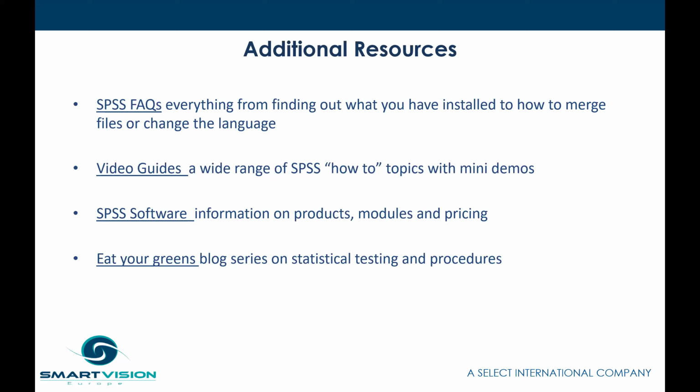A bunch of video guides on many topics, on how to do recoding, that sort of stuff, many demos of that. Lots of information in the SPSS software blog series. And we have our own YouTube channel, so there's tons of stuff on syntax, on charts, on reporting, on significance testing, just hours and hours of material that we have recorded there for you to make use of.